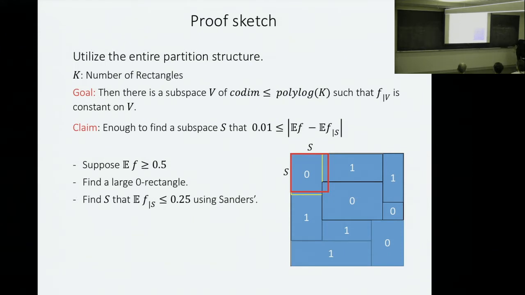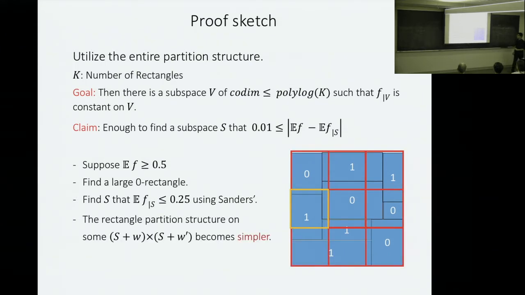Now, I want to argue something like this. This was my subspace. Now I look at all the cosets of this, and I want to claim that this partitioning structure of the rectangles typically should get simpler when I restrict to a typical coset. So I should now explain what I really mean by simpler. That is the goal of the rest of the talk.